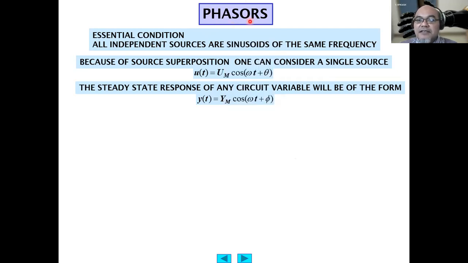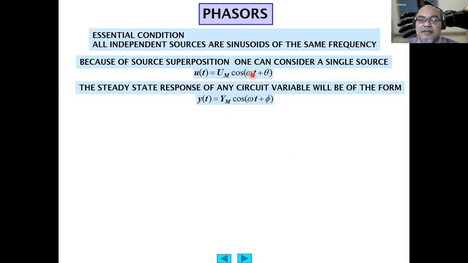The essential condition for using phasor notation is that all independent sources are sinusoids of the same frequency within that circuit. Because of source superposition, we can consider a single source like this: small u(t) equals the amplitude multiplied by cosine(omega t plus theta).